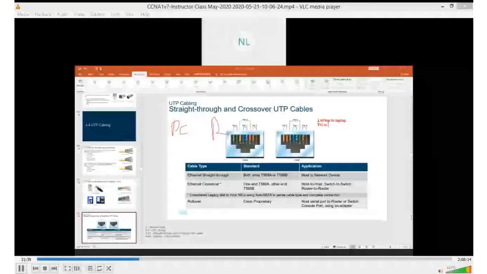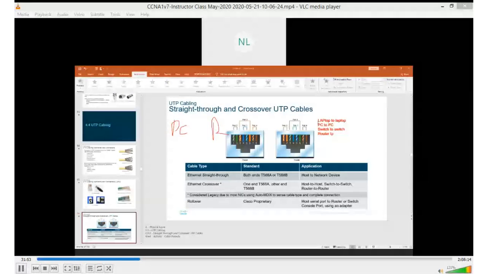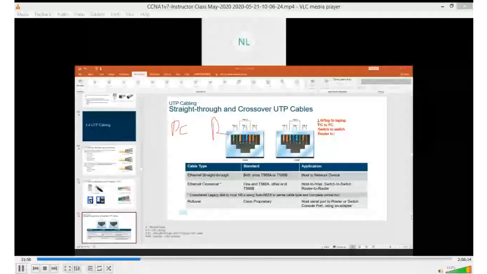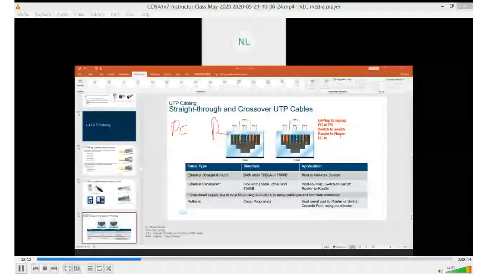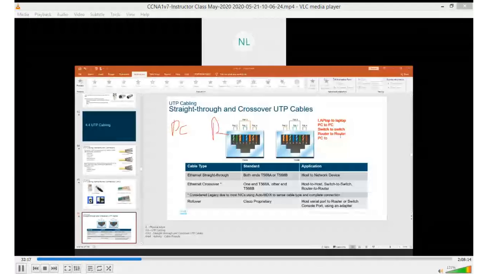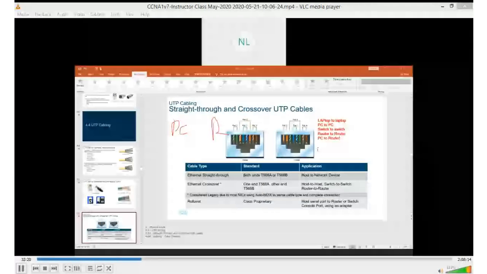I have switch to switch, router to router, and PC to router. Like in here, it says host to host, switch to switch, router to router. So all of these are crossover cable.